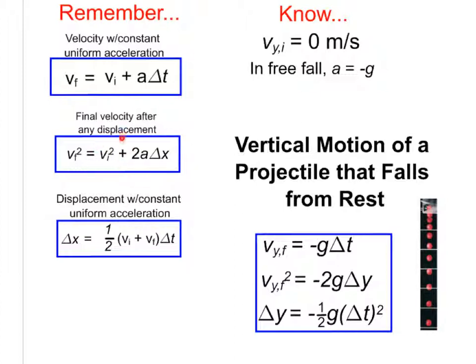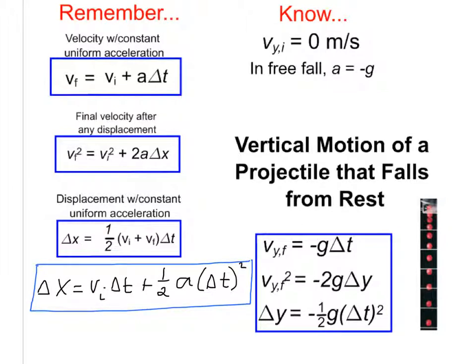So we can ignore that term when we transfer this equation into this equation that is going to apply to our projectile falling from rest. Again, we're going to substitute acceleration due to gravity, and it will be negative because it's always down. It's going down. The acceleration due to gravity is in the negative direction. So here's where we get that equation.